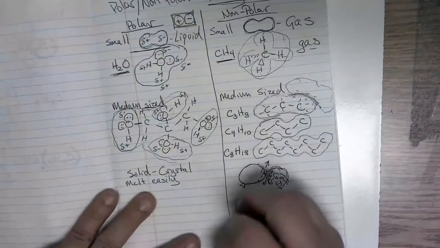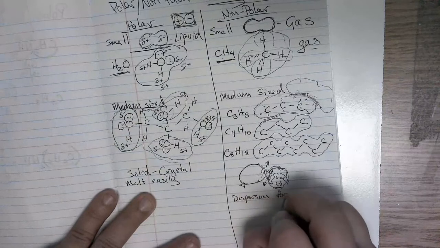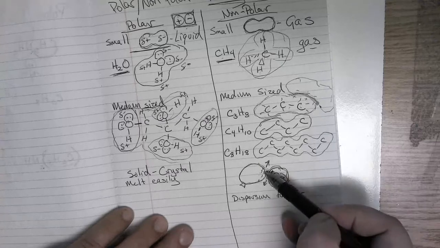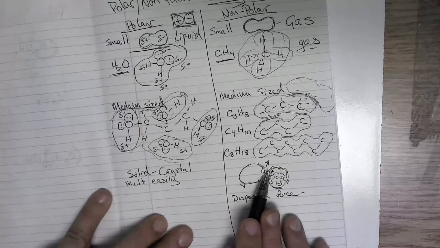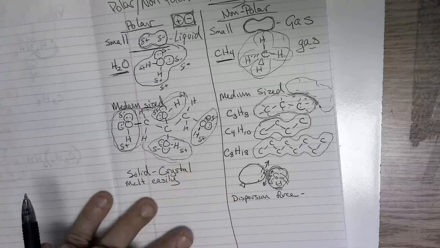And this is called a dispersion force. Okay? So nonpolar on nonpolar is like rubbing a balloon on your head, and they'll stick a little bit. But it's not near as connected as a dipole to a dipole.